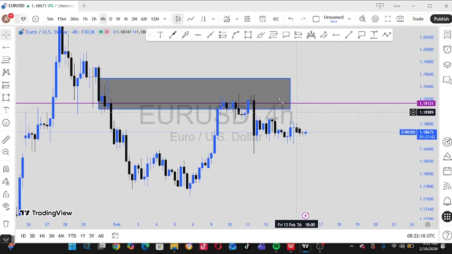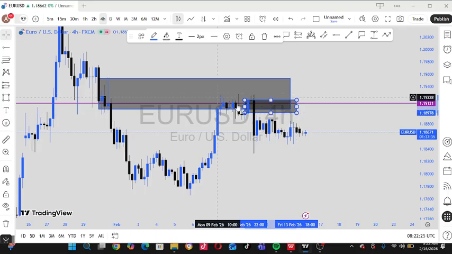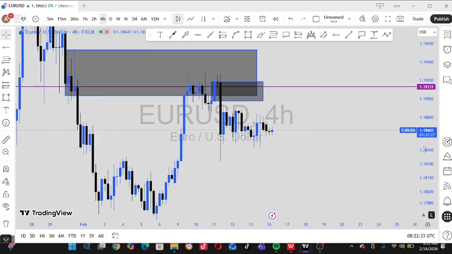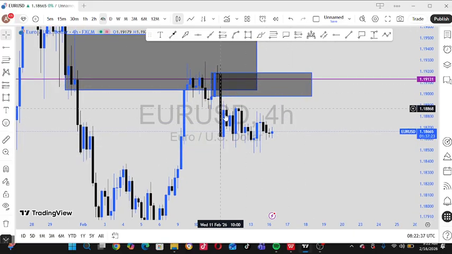Now we still have another supply zone here for the continuation. Some people have entered the market from here, which is part of the signal I sent last week. So for the continuation of the sell, if you have not entered the market, we still have this zone for our sell. Why do we have this zone for our sell?